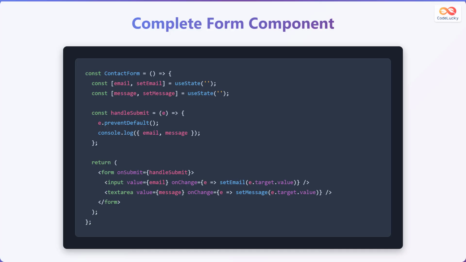In the return statement, we have a form element with an onSubmit handler set to handleSubmit. Inside the form, we have an input element for the email and a textarea element for the message. Both elements are controlled components, with their value properties bound to the corresponding state variables, and their onChange handlers updating the state accordingly.